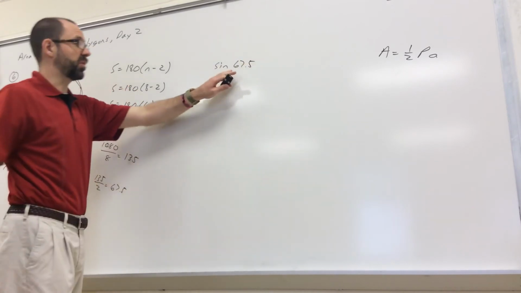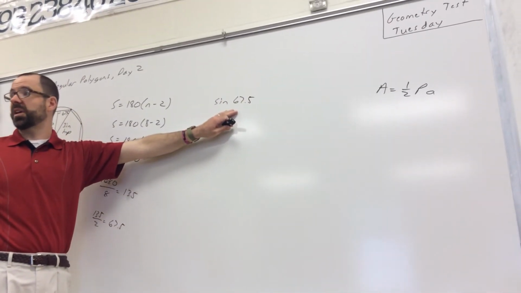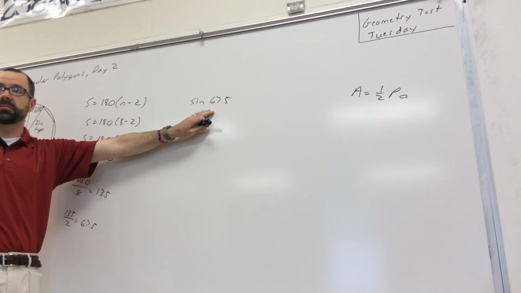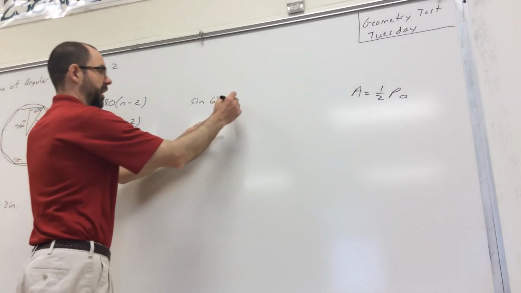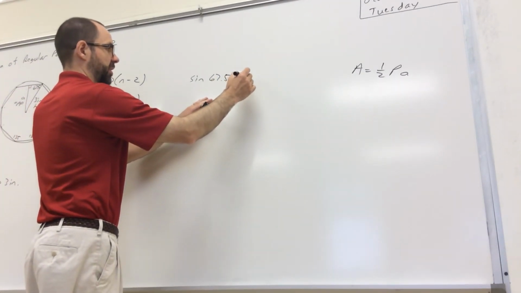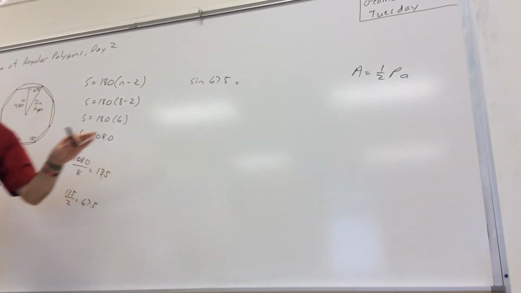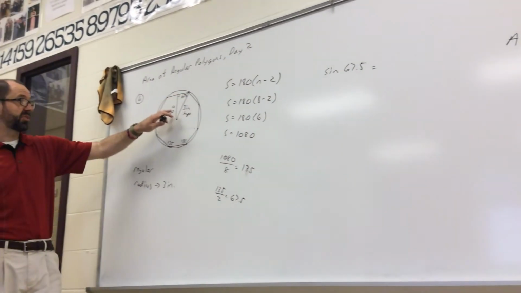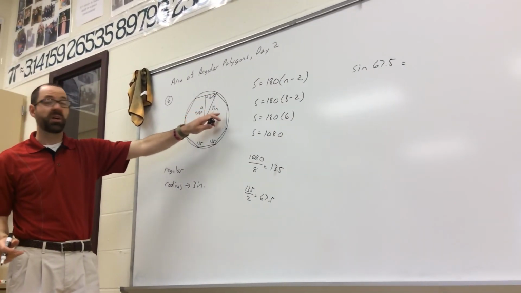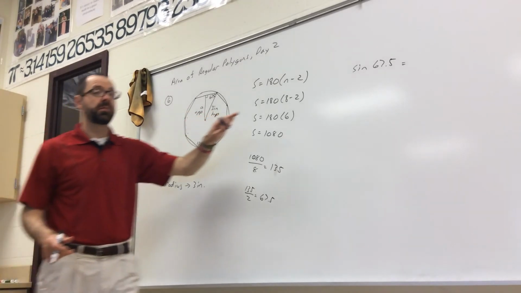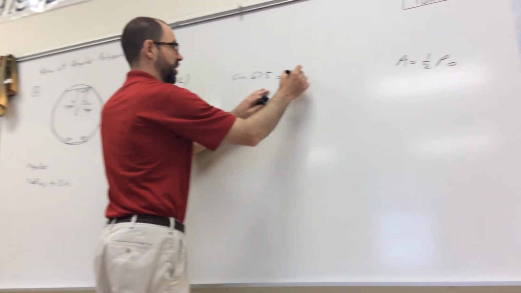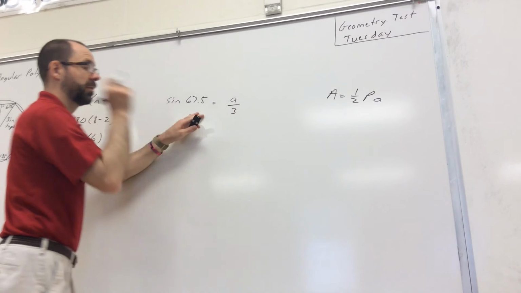The angle is 67.5, so we're taking the sine of 67.5. And that should equal the opposite over the hypotenuse. Looking at the triangle, the opposite is A, the hypotenuse is 3. So that should equal A over 3.